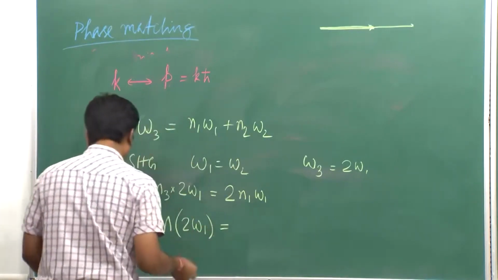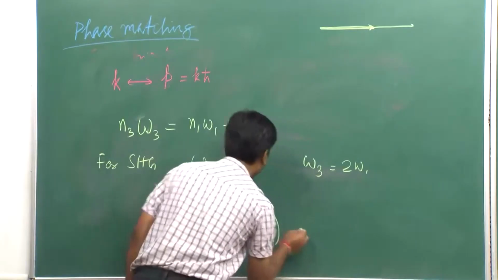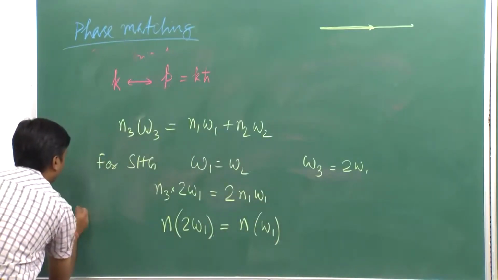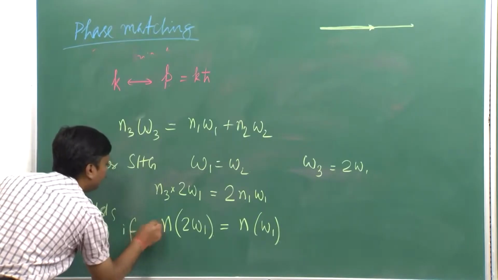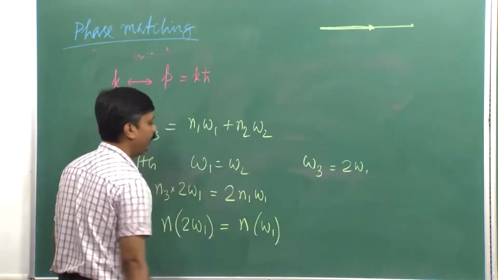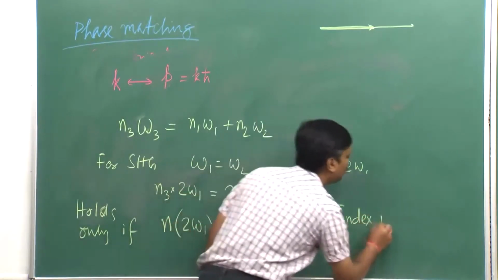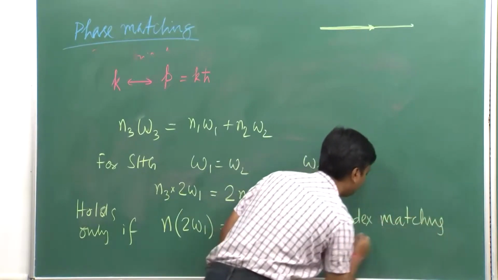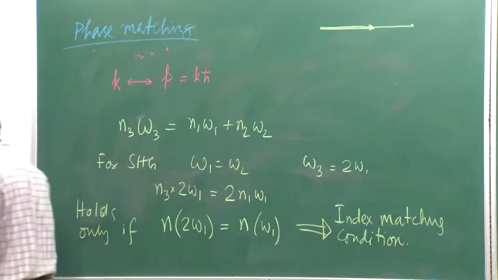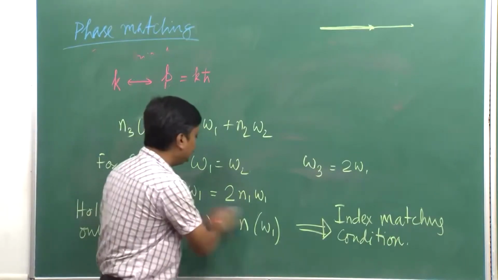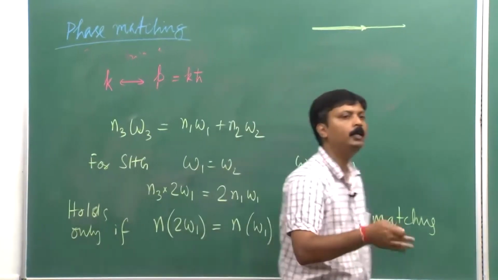So this is only possible when I have this condition fulfilled, and this holds only if n of 2 omega 1 is equal to n of omega 1, which is known as the index matching condition, and also known as the wave vector matching condition. Okay. Now, in general, this condition is not fulfilled because I have two different frequencies, and due to dispersion these two frequencies will have different refractive indices.